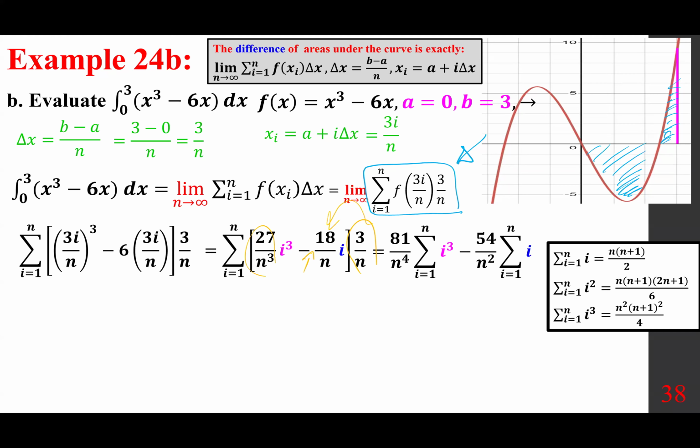And I'm getting this one ready to use the sum of i cubed, and this one ready to use the sum of i. Let's do it.